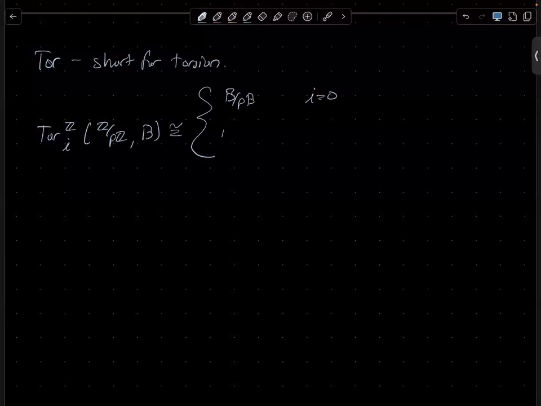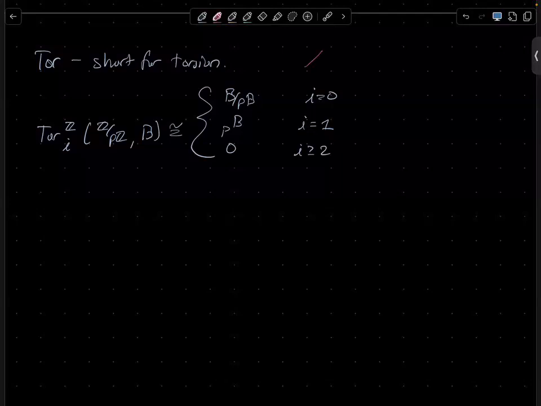In the second case, I'm going to get the subscript p of B. That's for i equals 1. So that's the p-torsion elements of B. And then I'm going to get 0 for i bigger than or equal to 2. So very interesting, at least for the case of the integers, it looks like it's swapped 0 and 1 with Ext. So that's interesting.